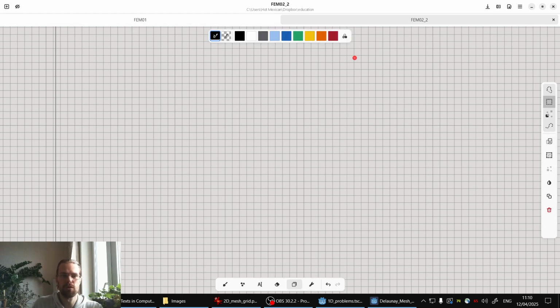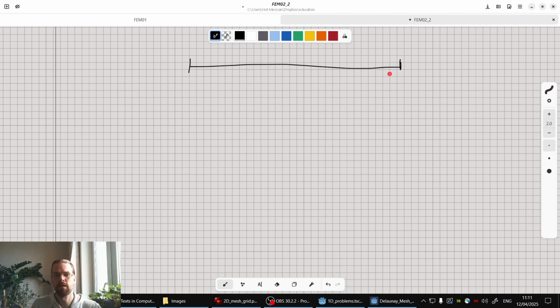So how you should think about it: we define an initial domain. In our case, it's 0 to 1 or something. We have pre-generated a bunch of intermediate nodes, and then we take the first node and split the original domain using this node.